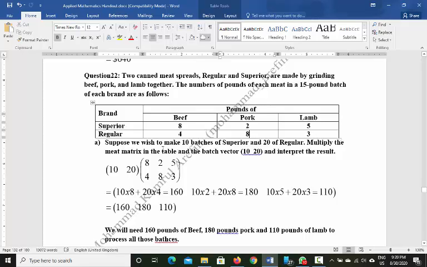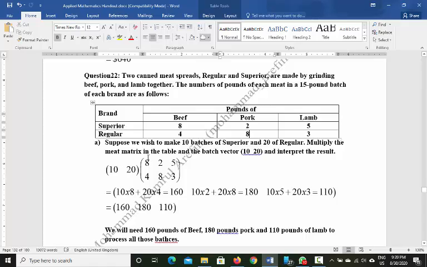Suppose we wish to make 10 batches of superior and 20 batches of regular. Multiply the meat matrix in the table and the batch vector and interpret the result.